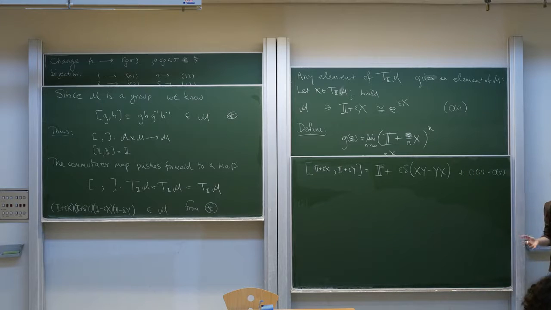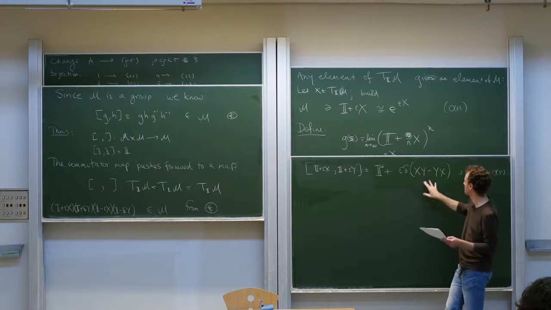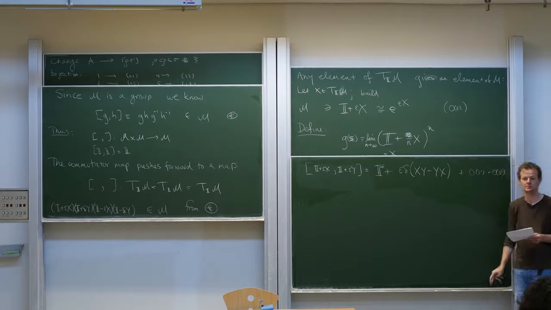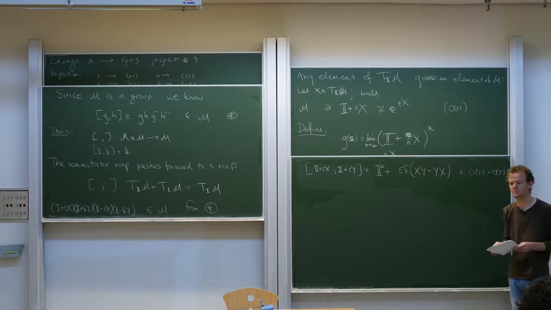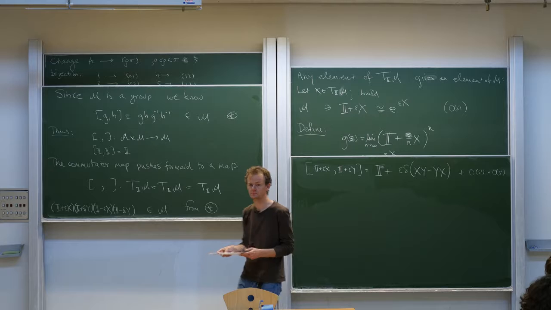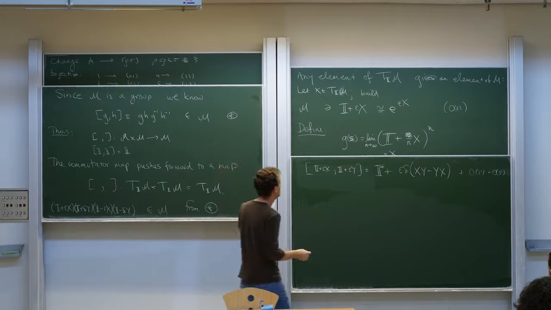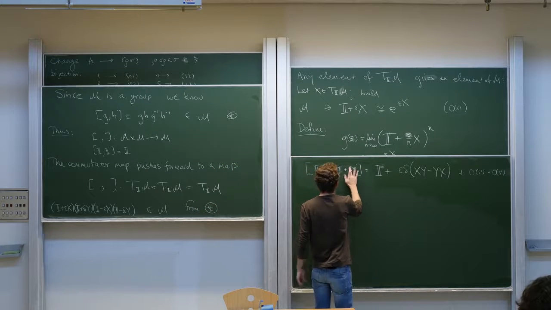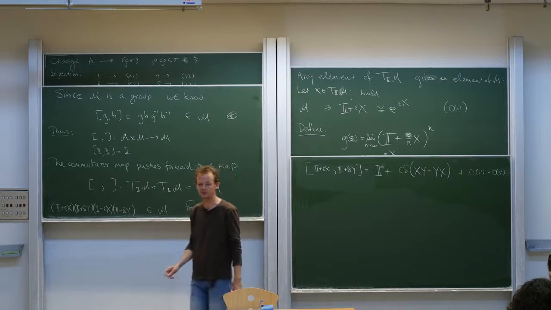So the first non-trivial term, first order in epsilon and first order in delta, is this object here. There must be a delta here. Thank you. There you go. Now it is better.